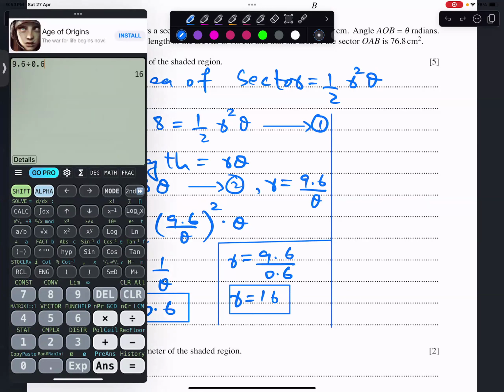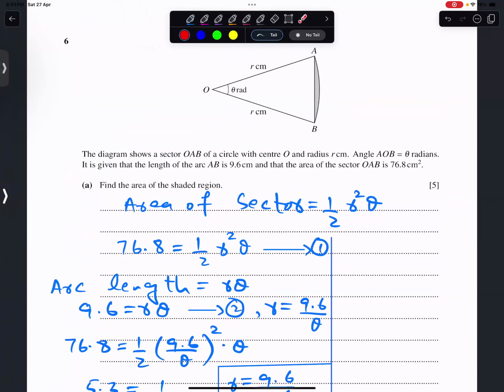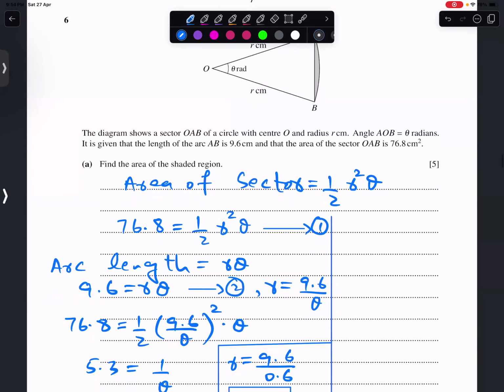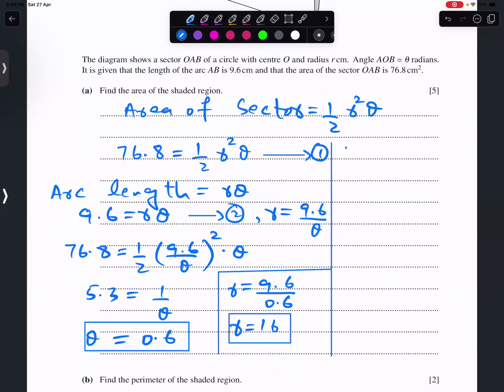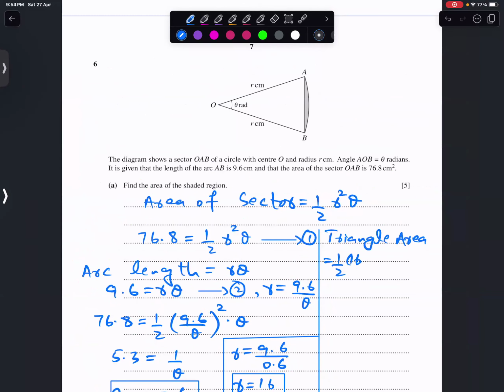So students, the shaded area will be the sector area, which is 76.8, minus the triangle area. Now to find the triangle area, as we know, the triangle area is half into 16 into 16, which is 16 square, sine of the angle between those two sides, which is sine of 0.6.